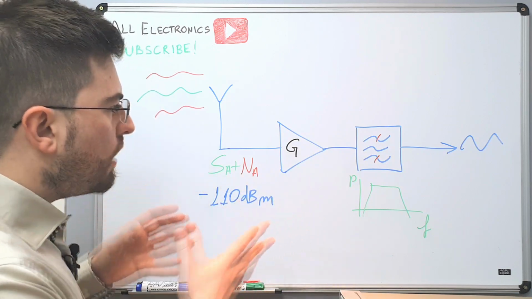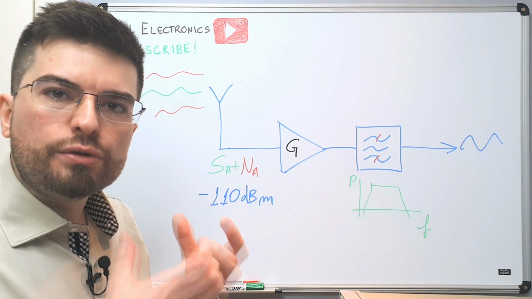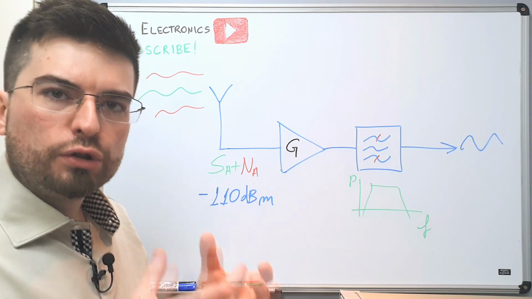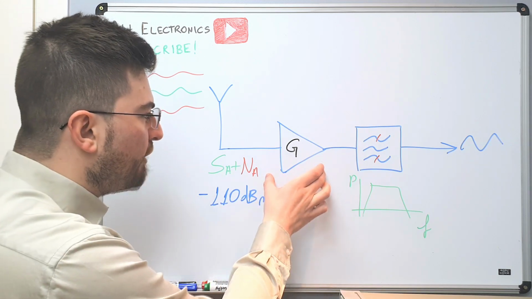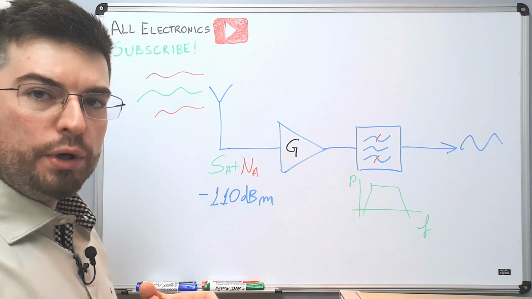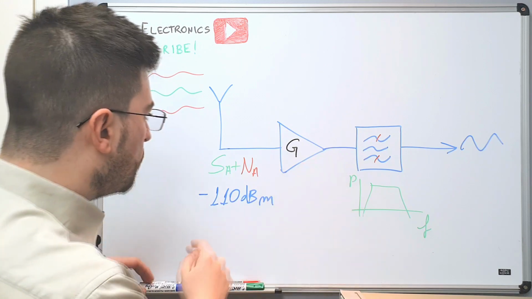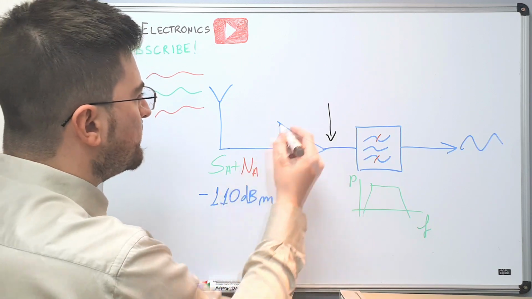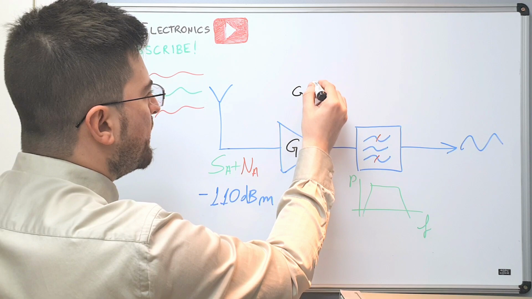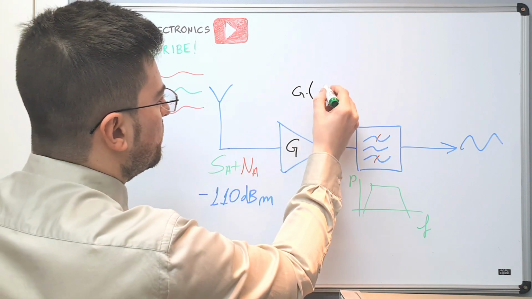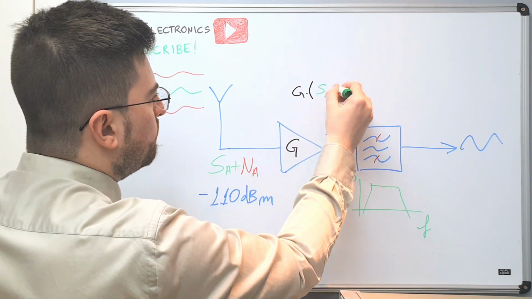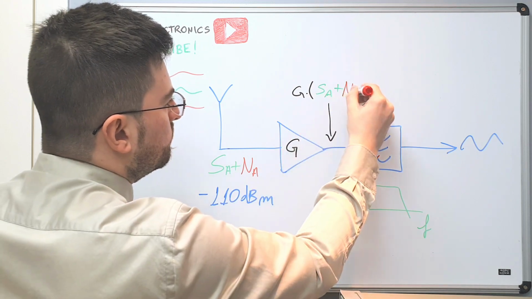In this simple drawing, it becomes very easy to see that if we could create an ideal amplifier that has only gain, we could place here a very large gain amplifier that would generate on the output a signal that is the gain of the amplifier multiplied by the signal received by the antenna plus the noise received by the antenna.